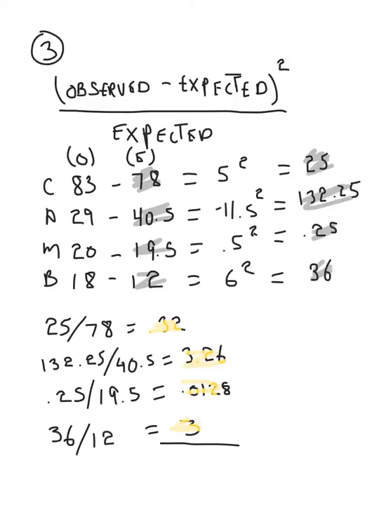And I get 6.59. That number is the chi-square. Remember, the larger this number is, the more we are off from what we expect. Okay, so that's all they ask us for number 3, is just the chi-square number. There it is.